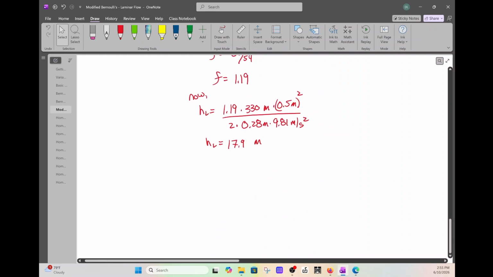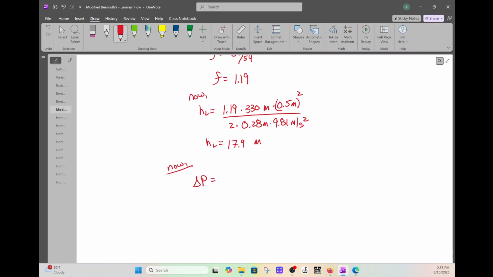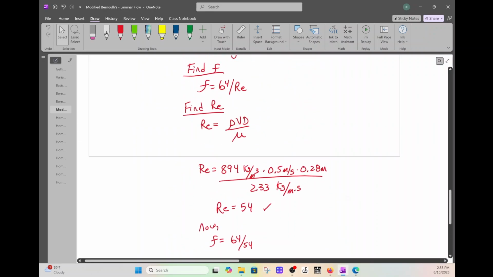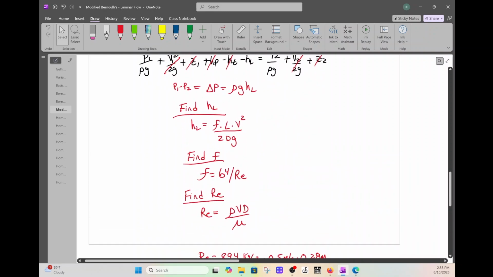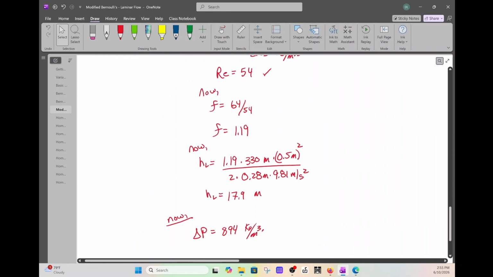Okay. And then now we can find delta P, which is delta P equals 894 kilograms per meter cubed times, what was it? Rho g HL.